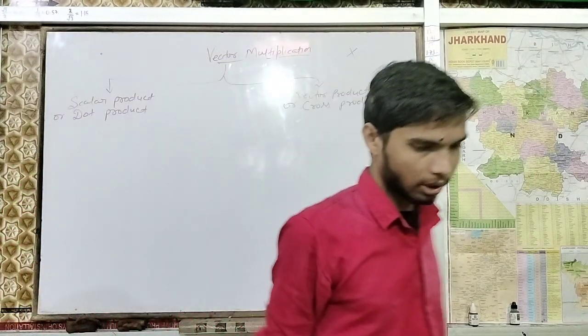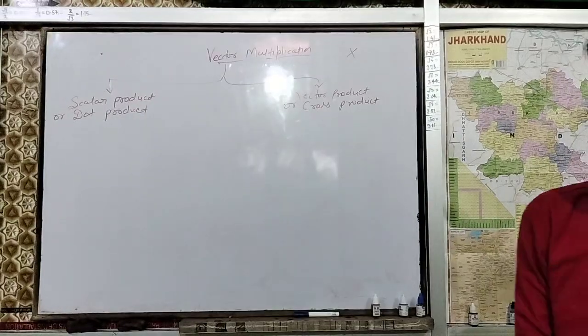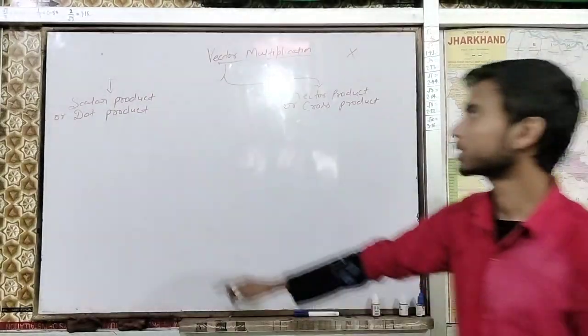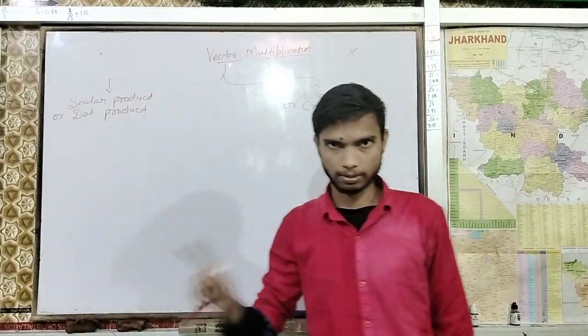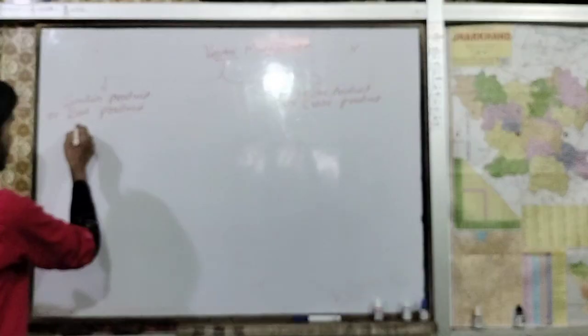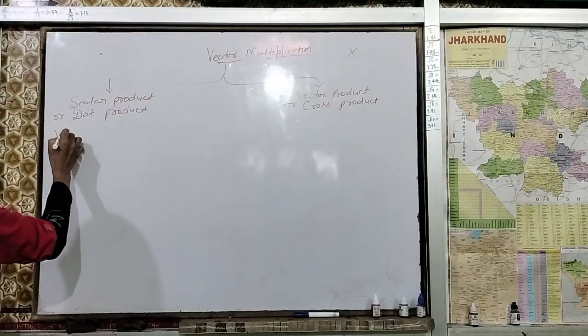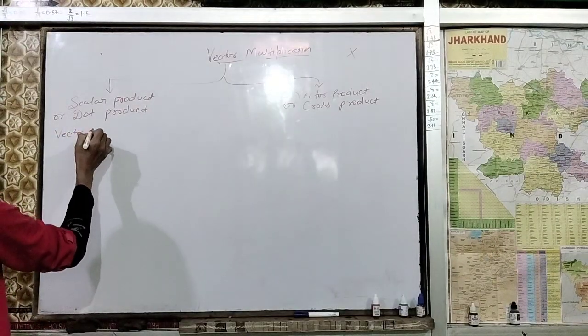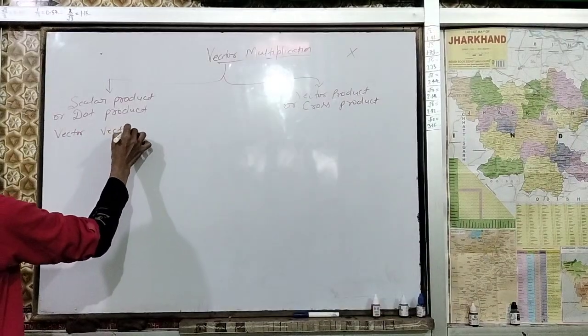Let's break it down in detail. Let's understand this scalar product with an example. In other words, when you multiply vector dot vector, you get a scalar.